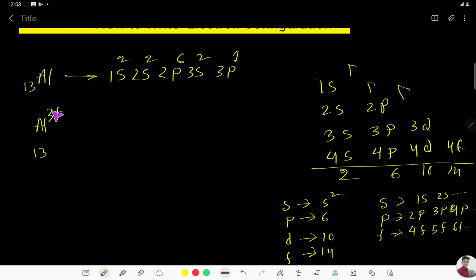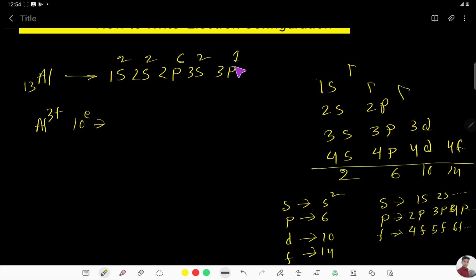But 3+ means you have to deduct 3 electrons. That is, you have now 10 electrons. So for 10 electrons of aluminum, how to write the electron configuration? At first you have to write the electron configuration of the neutral atom, then you have to subtract 3.